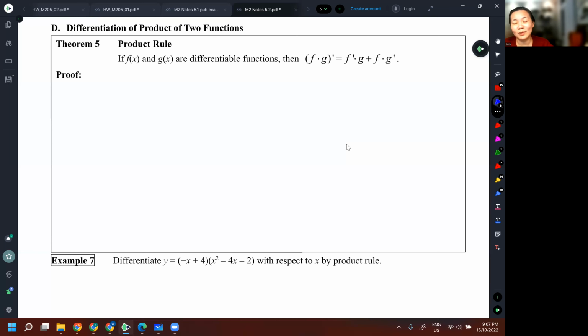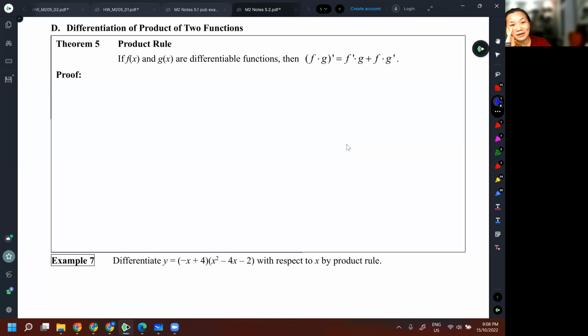I don't want this formula to look too long. But f is f of x. g is g of x. Now, the multiplication result is called the product. The derivative of the product is not equal to the product of the derivatives.